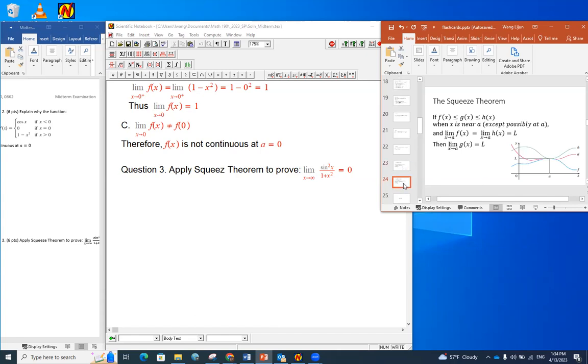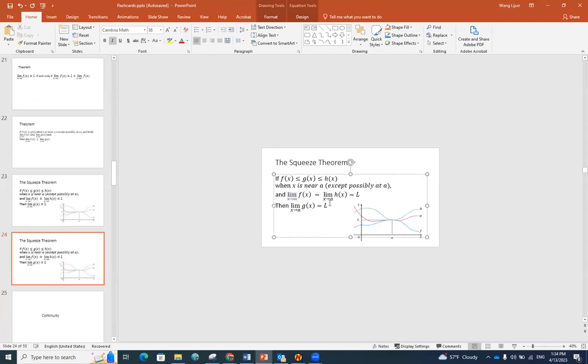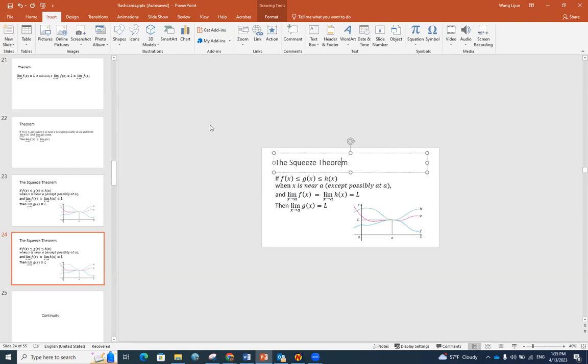The squeeze theorem. There are two versions. If this is approaching infinity, so let me make that change. If a approaches infinity, it will also work.